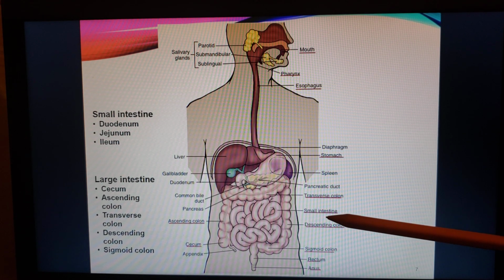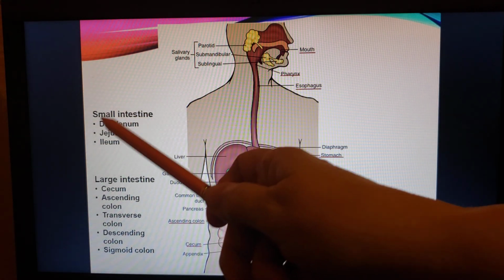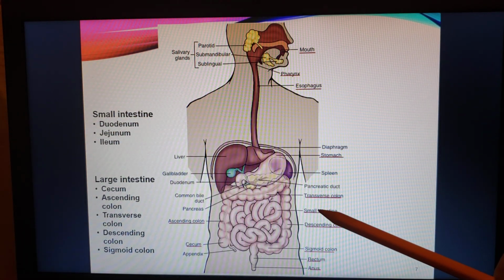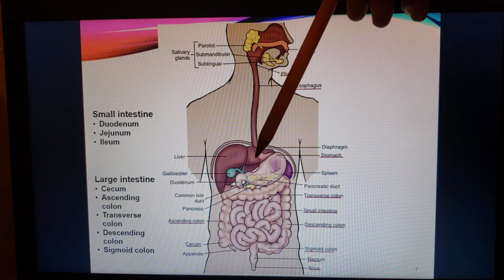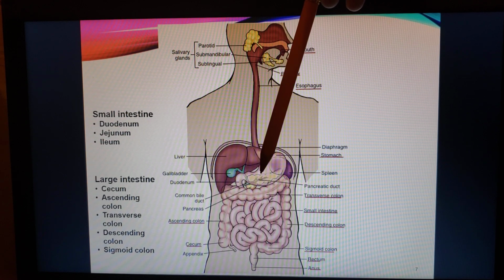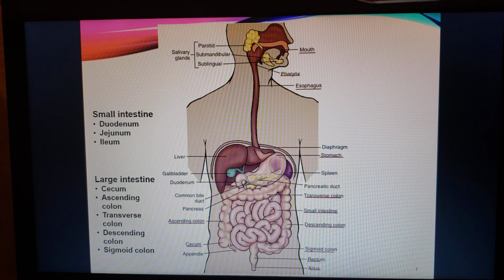The large intestine includes, well, let's look at the small intestine first. The small intestine includes the duodenum, the jejunum. I don't think we have a picture of the jejunum. Jejunum and the ileum. And that is the small intestine.